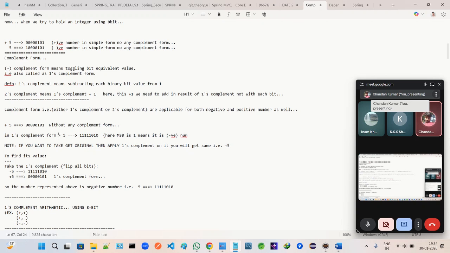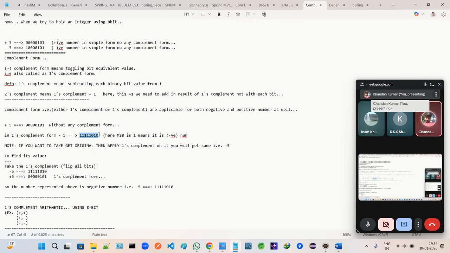So plus 5 in one's complement became minus 5. Now the bit value of minus 5 is this one, but it is not a simple binary form, it is in one's complement form. Are you getting my point?